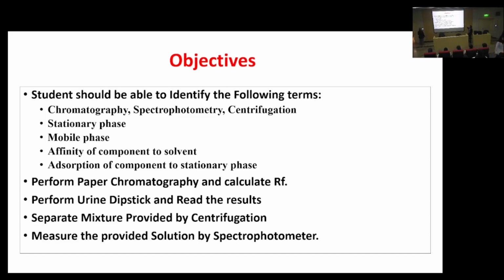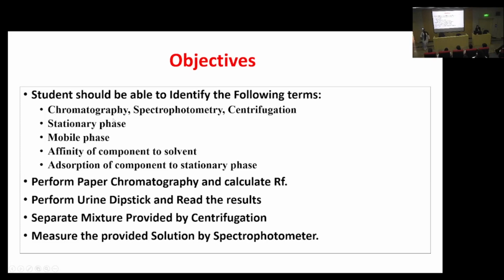You need to learn certain terminologies related, for example, to chromatography. These new terminologies include stationary phase. What do we mean by stationary phase? Mobile phase. What do we mean by that? Affinity of component to solvent. Adsorption. All these things, adsorption, affinity, mobile phase, stationary phase, are terminologies used in chromatography.